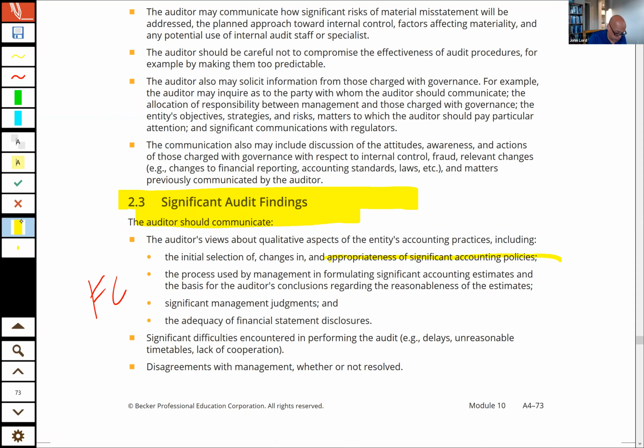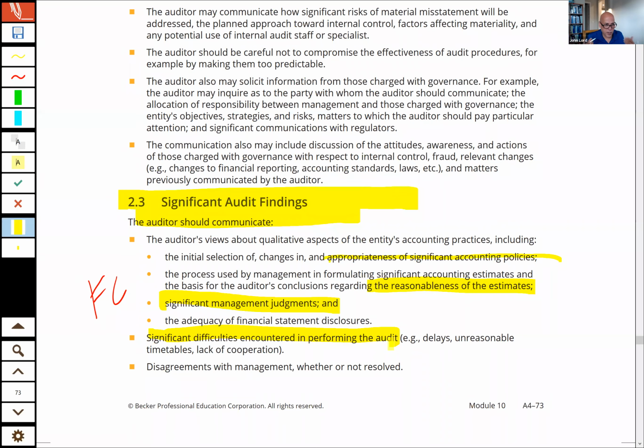You see again here, we start going down this path of things that are difficult, and we're essentially now communicating to the audit committee. We're giving a report card on management to things that are more critical, maybe a little more subject to judgment, right? The sufficiency of judgment. Difficulties encountered in performing the audit.